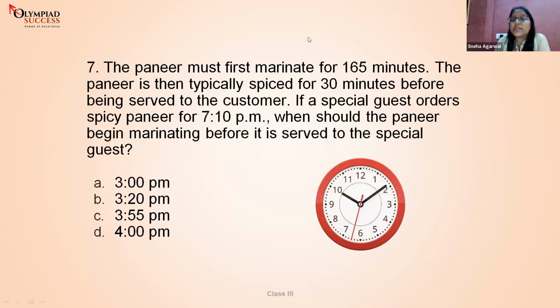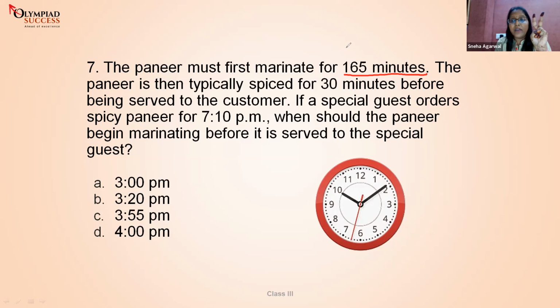The paneer must first marinate for 165 minutes. Now, 165 minutes means what is the timing in hours over here? Can you tell me? If we need to convert this into hours, what will be the timing? In 1 hour we have 60 minutes.